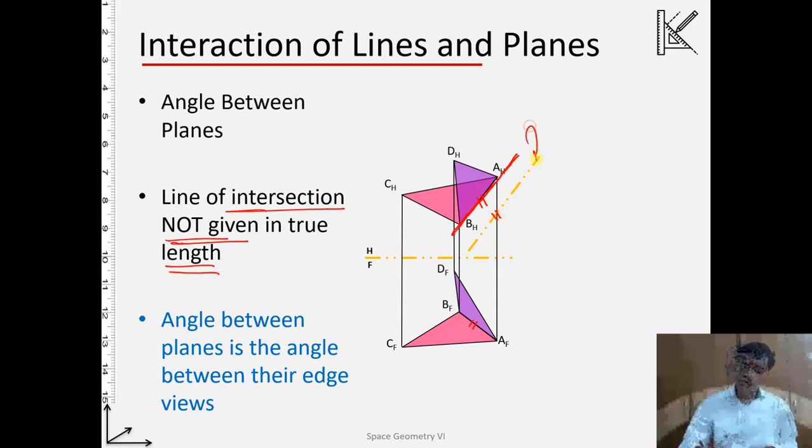So this hinged line is showing me the edge view of an auxiliary plane. And right now, where is the auxiliary plane? Right now the auxiliary plane is going inside the screen and we are seeing only the edge view of it. So the hinged line is an edge view of it.